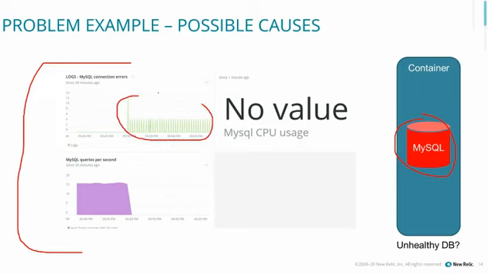So from where can I take this information here on the top? Do you guys have any idea from where I could take information for this widget to tell me if there are MySQL connection errors? Any idea from what we have instrumented so far? No ideas?